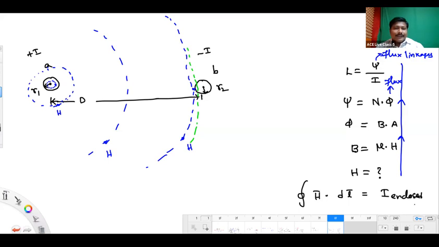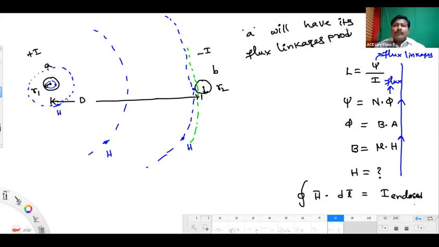I'll write. So conductor A will have its flux linkages production up to the surface of B.